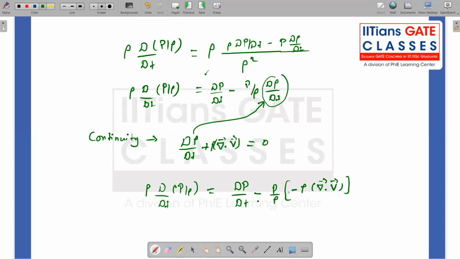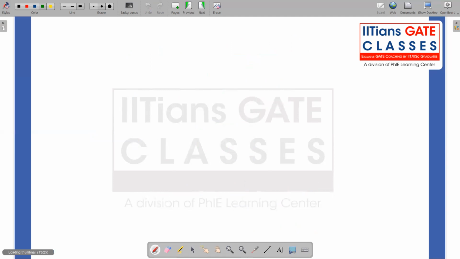So minus of minus is plus, and rho gets cancelled. I am left with dP/dt plus P times del dot V. It is straightforward. The left hand side is rho times d/dt of (P/rho). Now dP/dt is the total derivative.